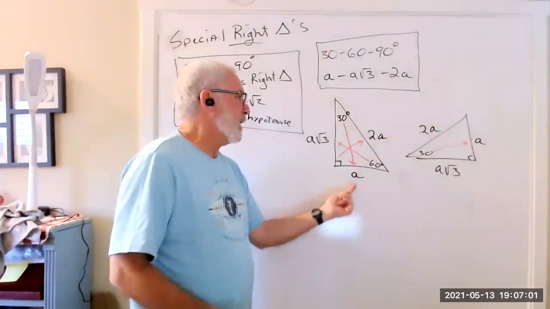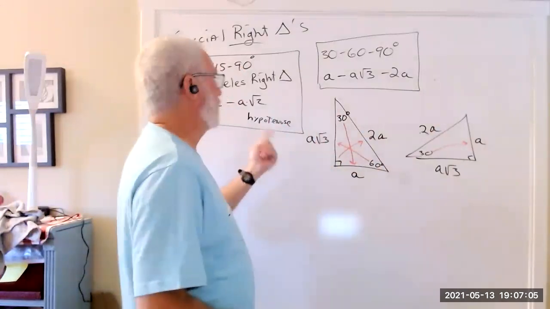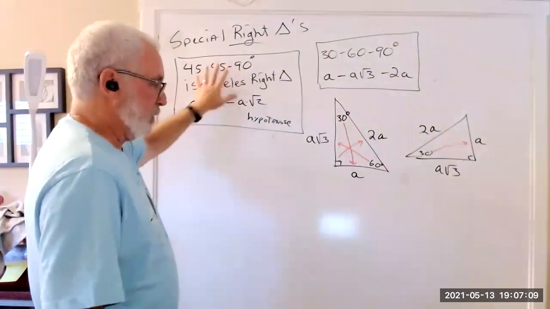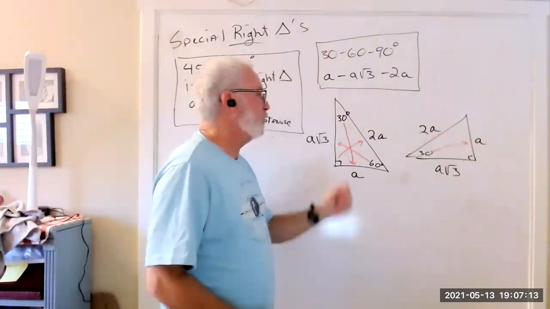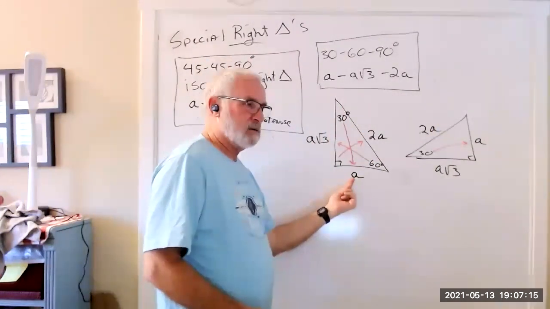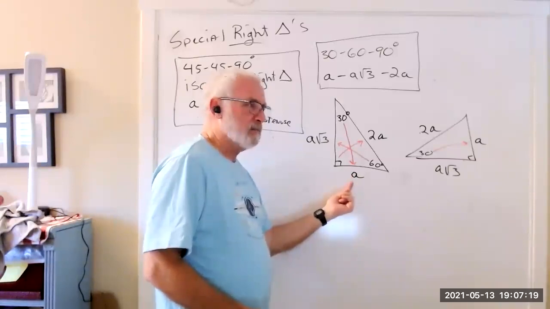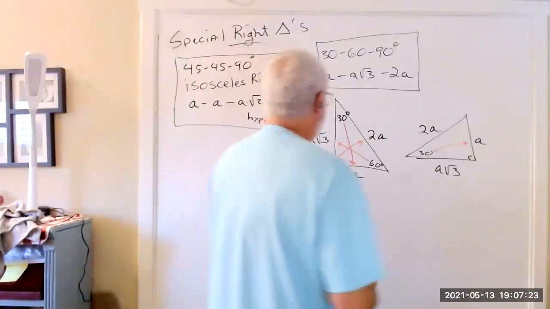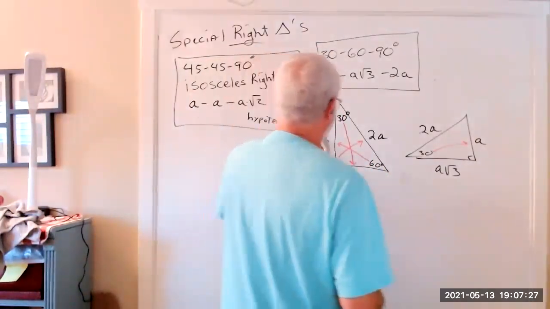No matter what else they give you in the problem, like I gave you different sides and hypotenuses up here when we did sample problems, your first step is to always get A. Sometimes they'll give you A, sometimes they won't. So let's do some problems and talk ourselves through it, and hopefully you guys will ask some questions.